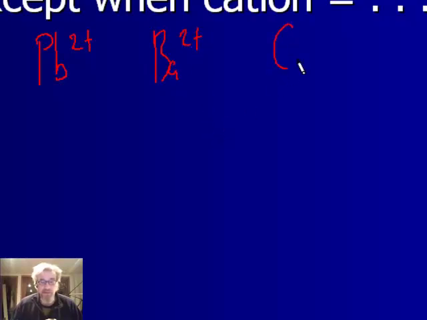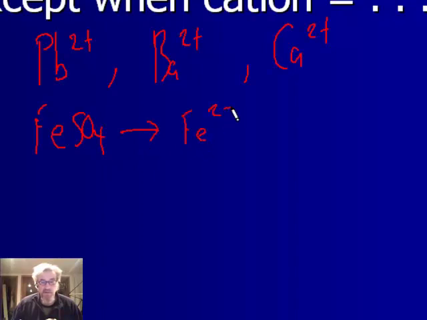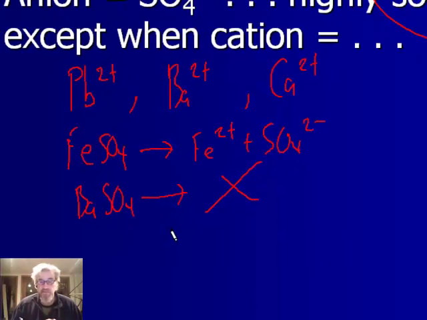And a third exception is calcium 2+. If those are the cations, then it's not soluble, but it'll be highly soluble with other cations. So, for example, if I add iron 2 sulfate, FeSO4, that's going to split up and give me iron 2 ions and sulfate ions if I put it in water. But if I have barium sulfate in water, it doesn't dissolve.